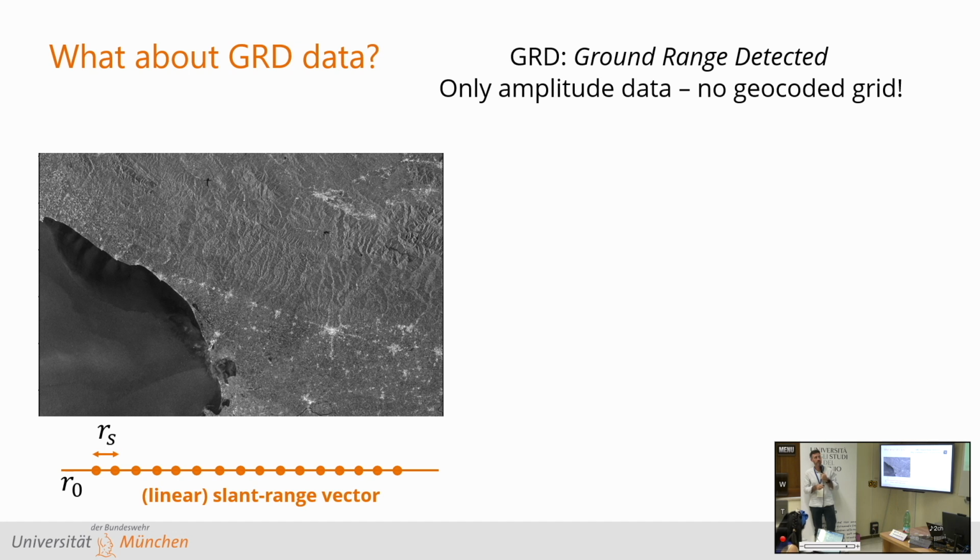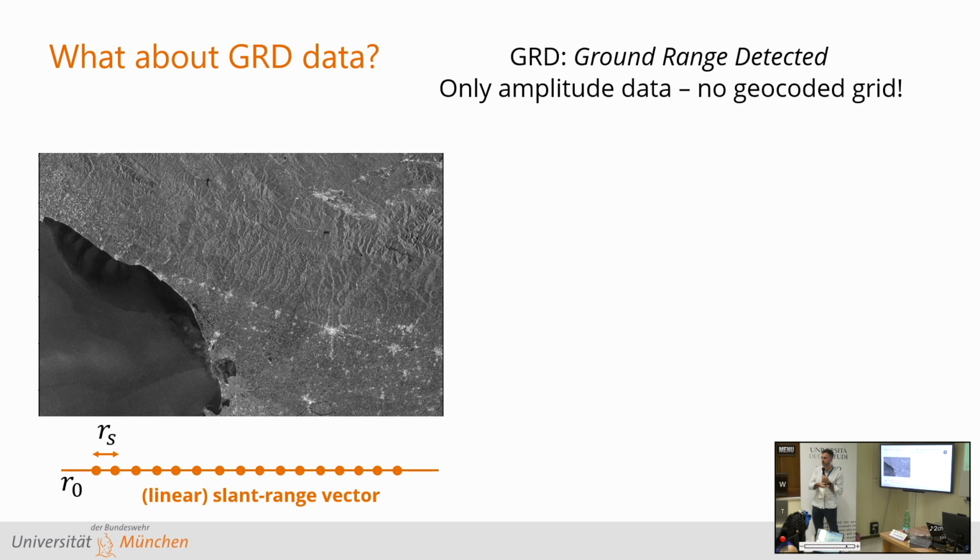We have only amplitude data, so no complex data, way easier, nice. So let's use them. But what most people do is mistake this type of data for a geocoded version of our single look complex, something ready-made to be used in our applications, which it is not.